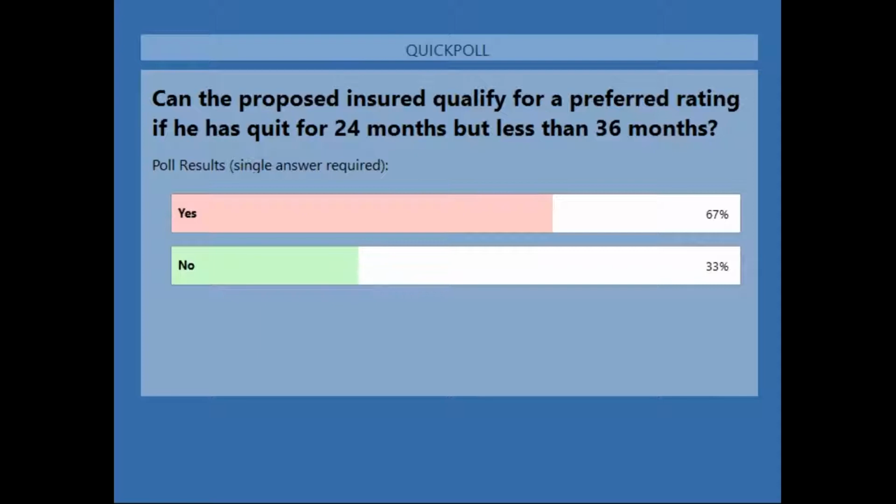I'm not going to name that one today, but there is one out there that will consider them for preferred, though they're going to look at other details as well, like the age of that client and how long they have smoked. So today's answer for the second question is actually no.